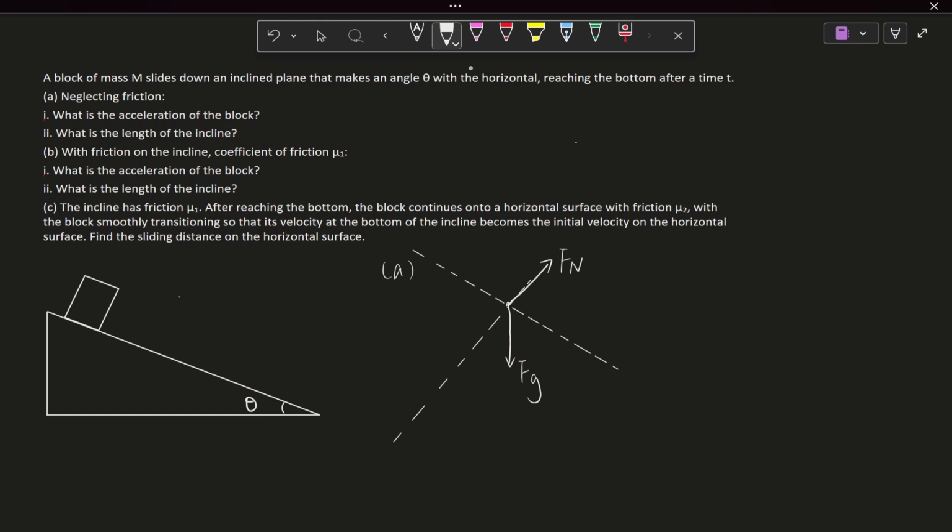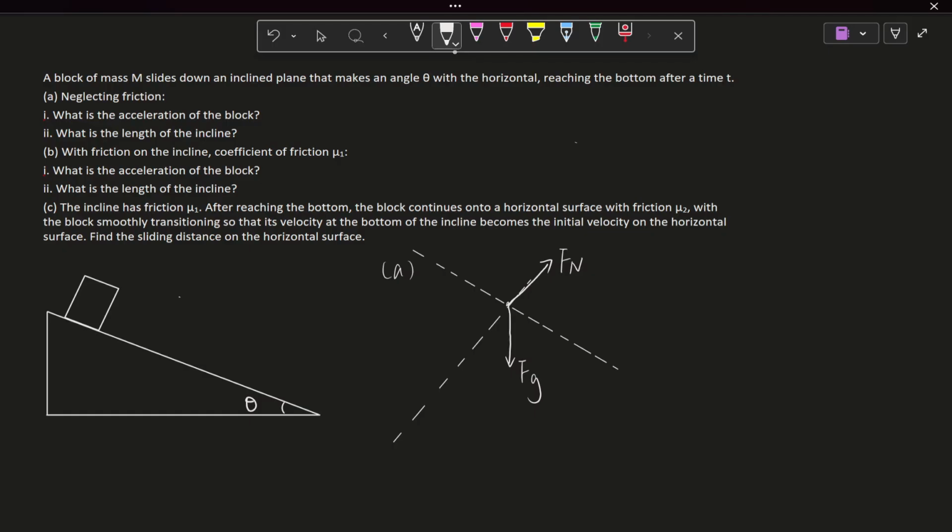The reason why the object is moving downwards is because there's a component over here that is pulling it downward, right? So the only thing we need to do is to find this component, and using Newton's second law, we can get the acceleration.